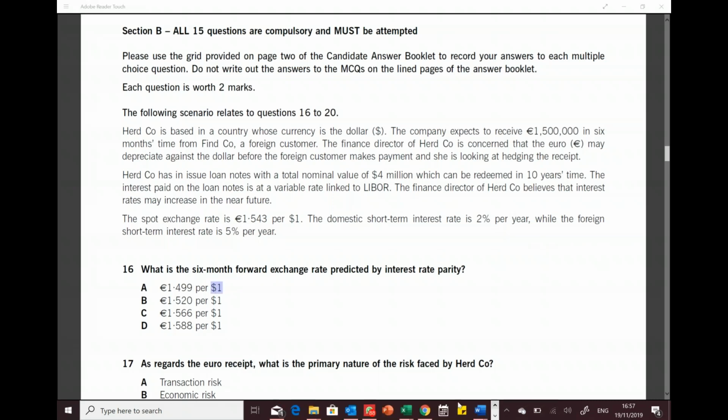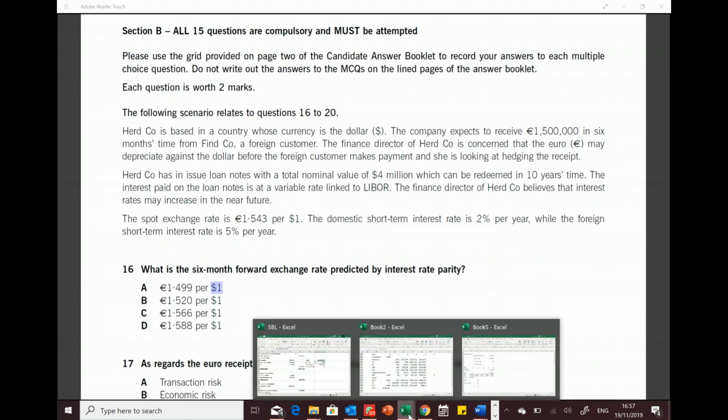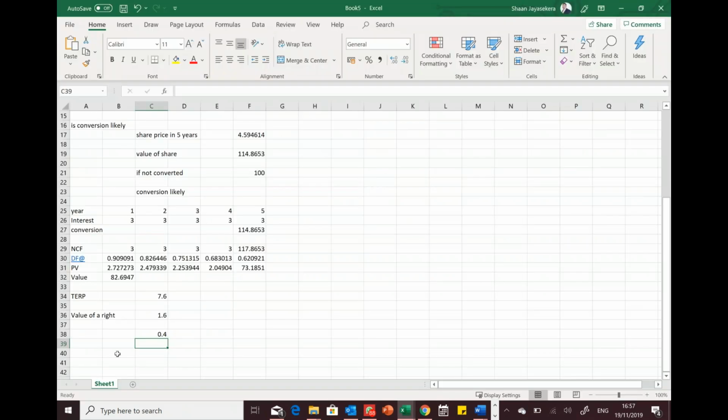Okay, what I mean by that is, if I now try to work out the 6-month forward rate, this will be equal to, do I know today's spot rate?